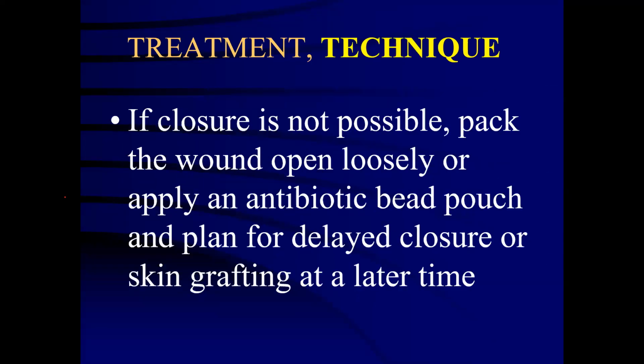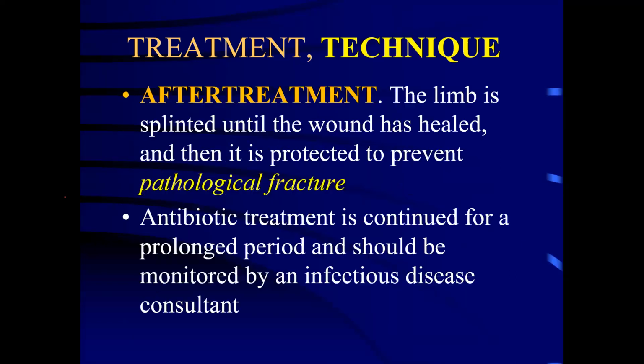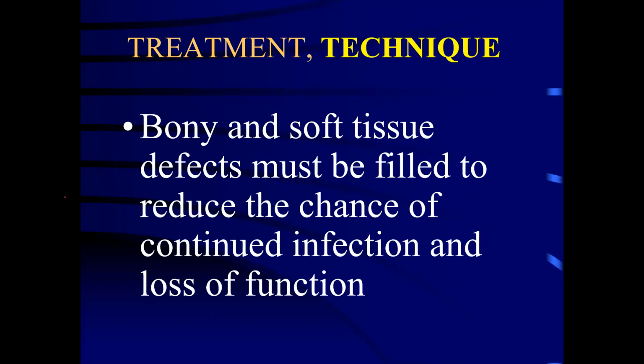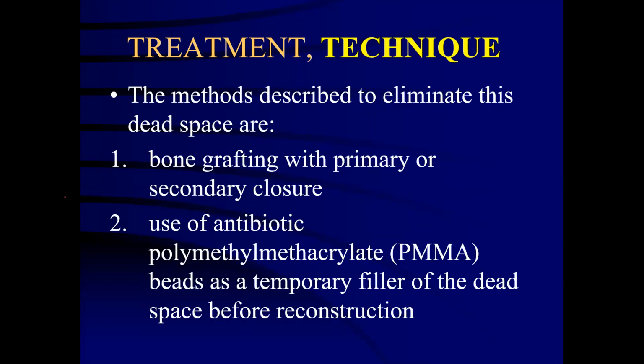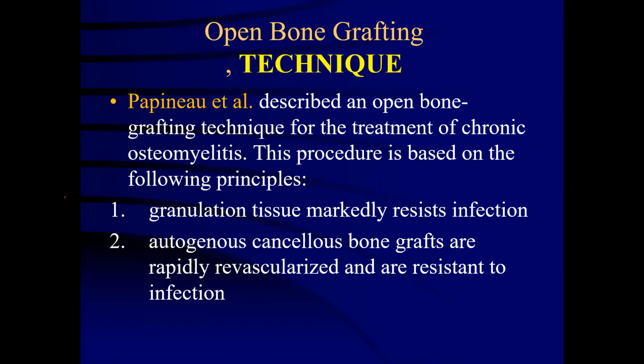Anyway, you have this, you can review it, and it discusses everything, flaps, etc. Of how to put the Papineau is something very important you should know. He described an open bone grafting technique for the treatment of chronic osteomyelitis.